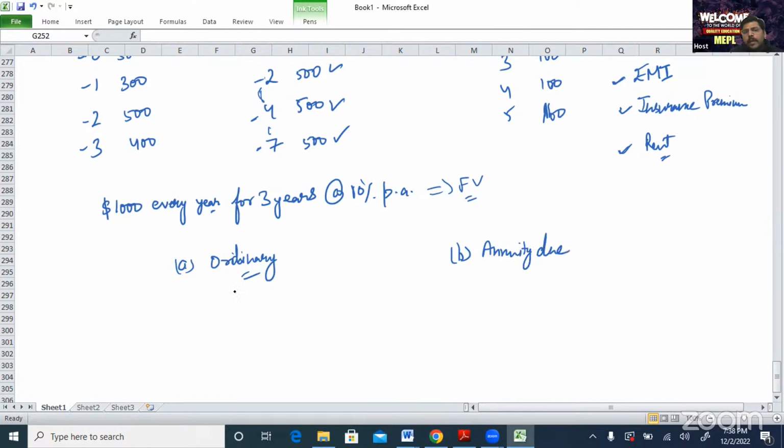What is ordinary annuity? This is at the end of the period. And what is annuity due? This is at the beginning of the period. So that is my ordinary annuity and that is my annuity due.